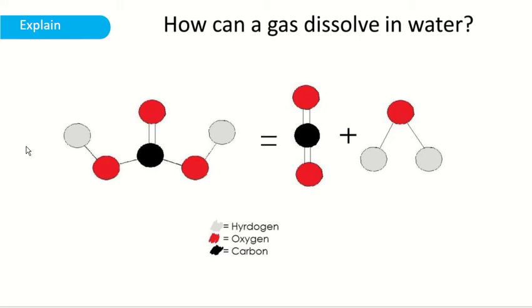How can a gas dissolve in water? The reason that the gas dissolves in water is because the carbon dioxide molecule and the H2O molecule combine. However, unlike when we dissolve sugar in water, this structure is not as securely attached.